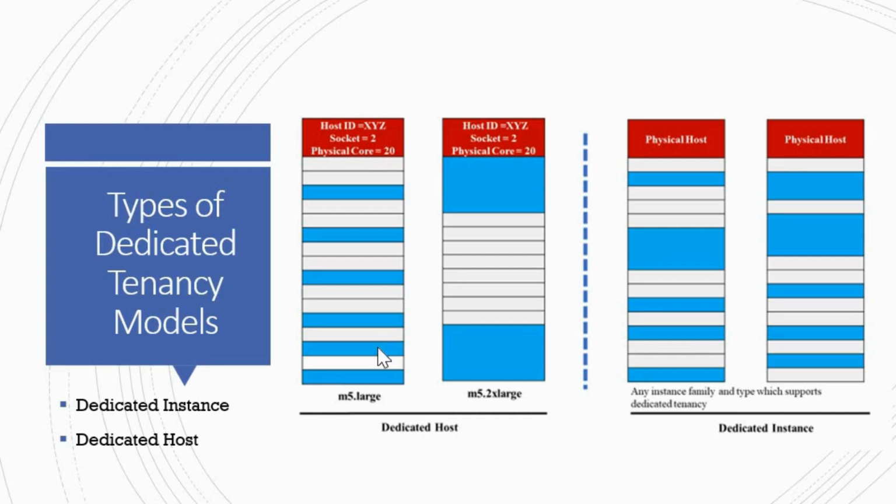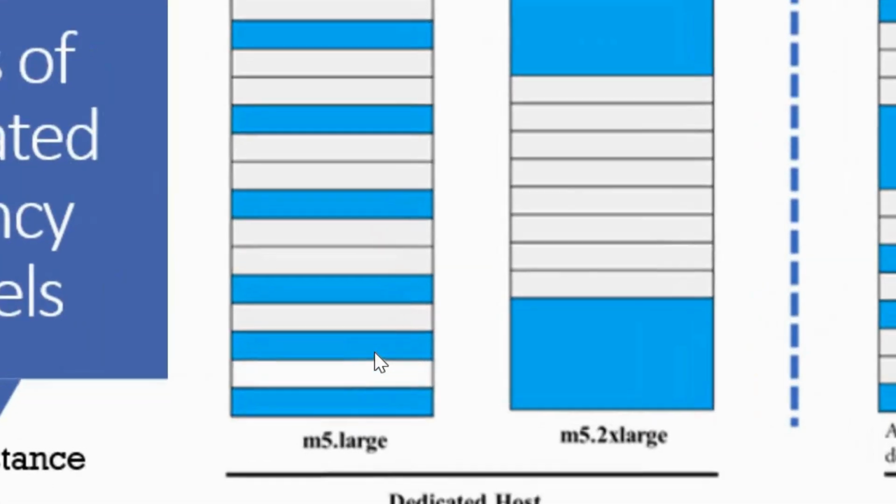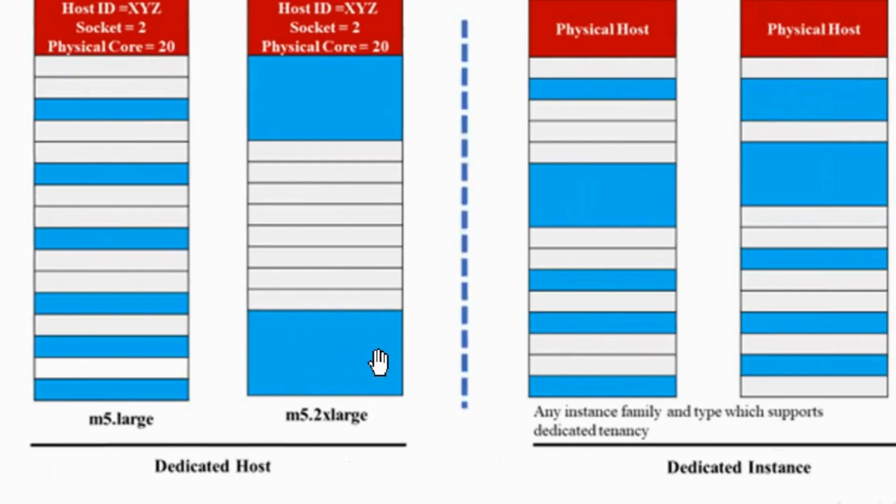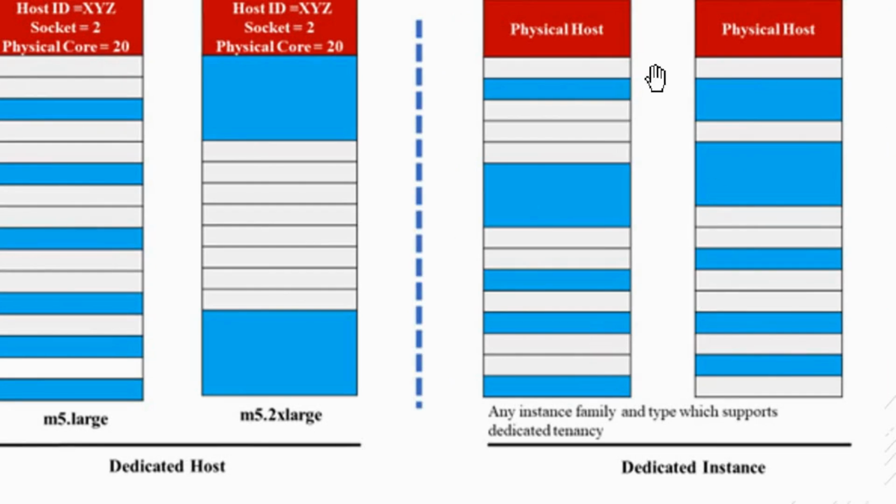In this diagram, you can see the dedicated instance. Here, they added 2 physical hosts. They are saying that any instance family and type which supports dedicated tenancy can be used in a dedicated instance.